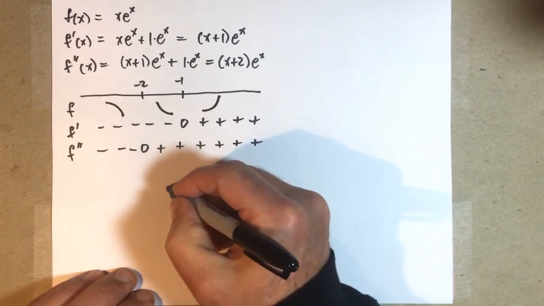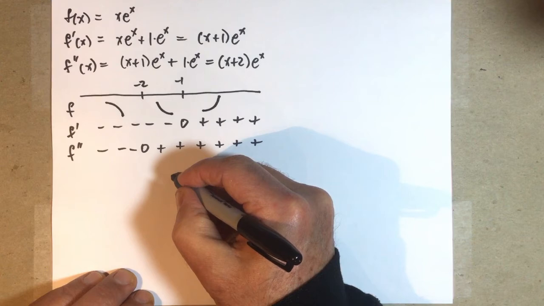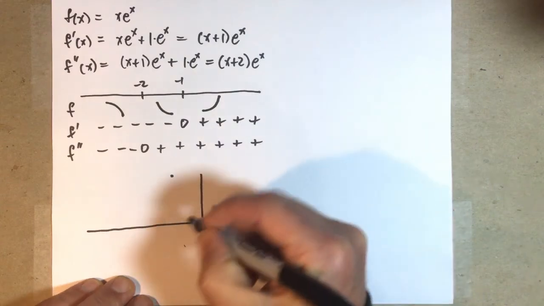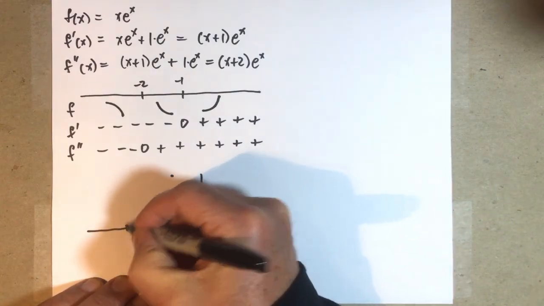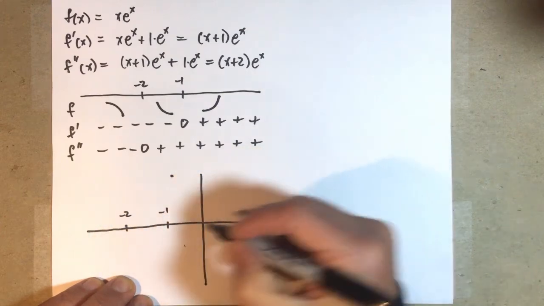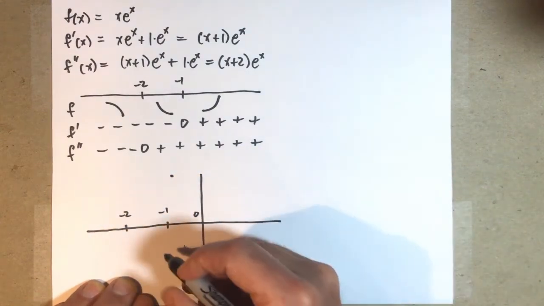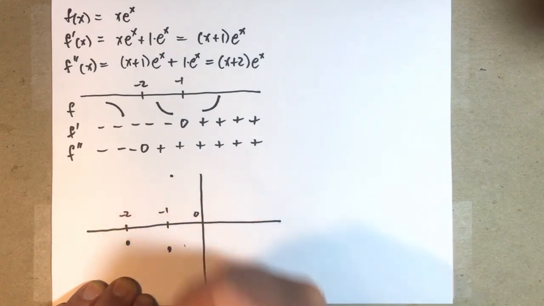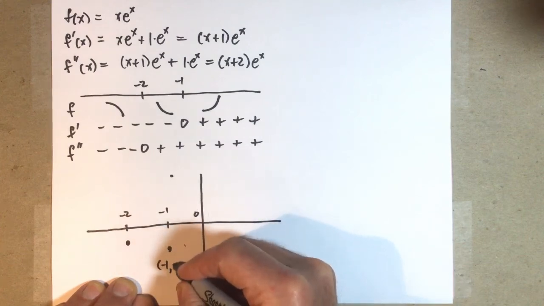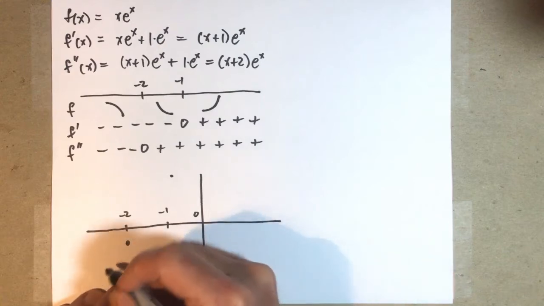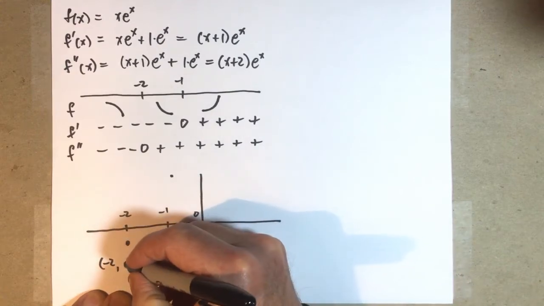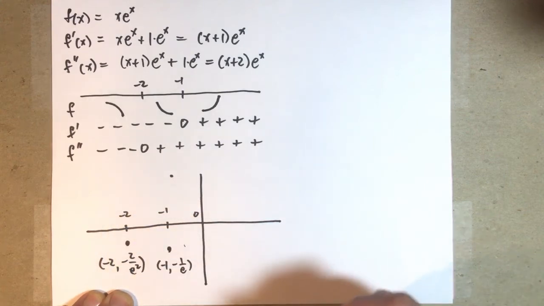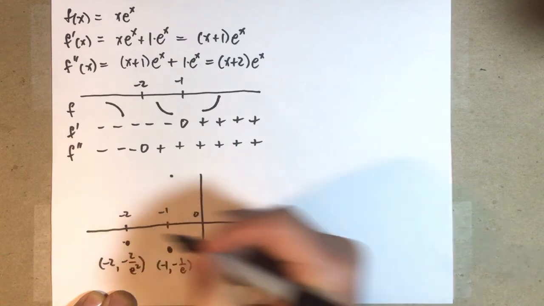So we can sketch a graph based on all this information. Let's move our y-axis a bit more to the right. I'll mark out the points here. What happens at those 2 points? You have -1 over e, and -2 over e squared. And this point is a little lower than this one.